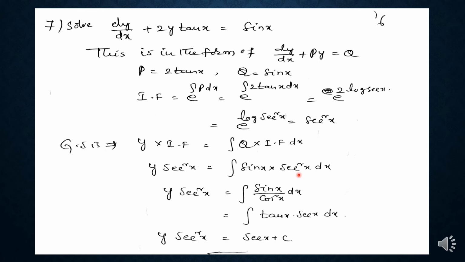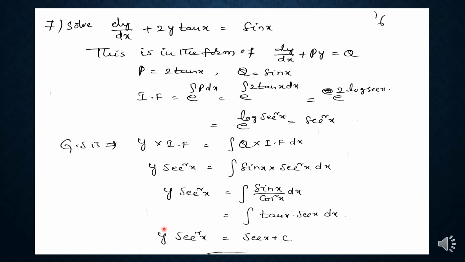Here sec² x can be written as 1/cos² x, so that is ∫sin x/cos² x dx, which can be written as ∫(sin x/cos x)(1/cos x) dx, that is ∫tan x sec x dx. We know that the integral of tan x sec x dx is sec x. So y sec² x = sec x + c.